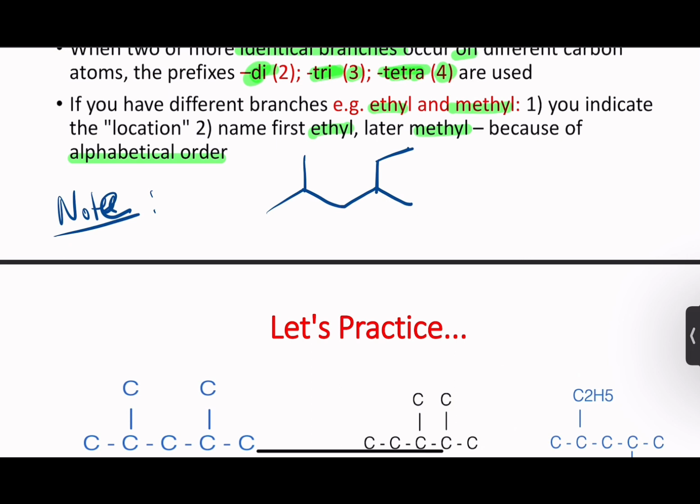I want you guys to ask yourself, where would you start numbering? From left to right or from right to left? You can pause the video. Now I will tell you. You need to number it from left to right, not from right to left. The reason is you will always start numbering from the smallest branch. And in here, this is methyl, CH3, which is smaller than C2H5, which is this guy.